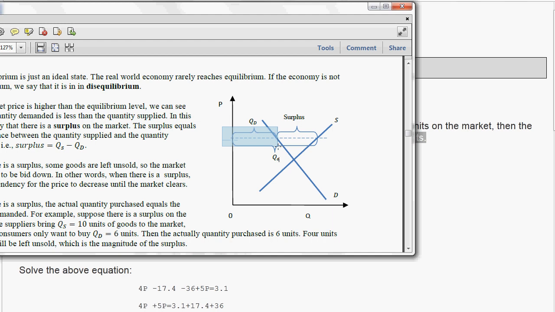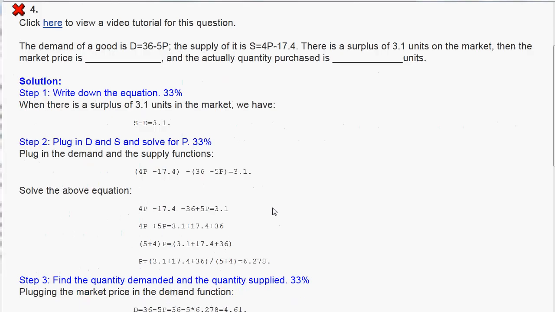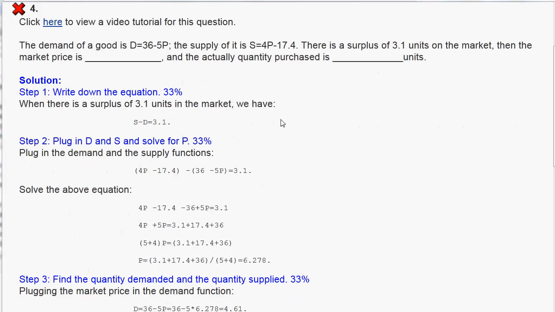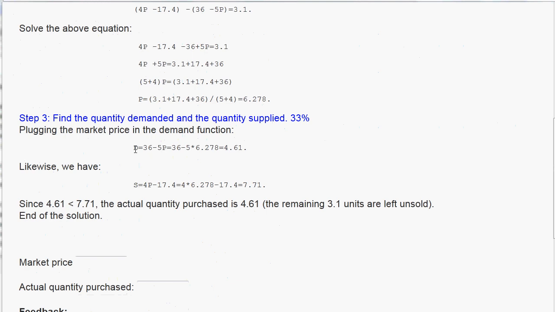So the quantity purchased will just be this much, QD, the smaller one among QD and QS. So in this case, the actual quantity purchased should be calculated with the demand function. Well, actually I just did it both ways to select the smaller one.